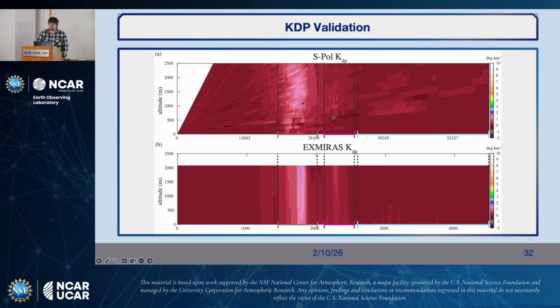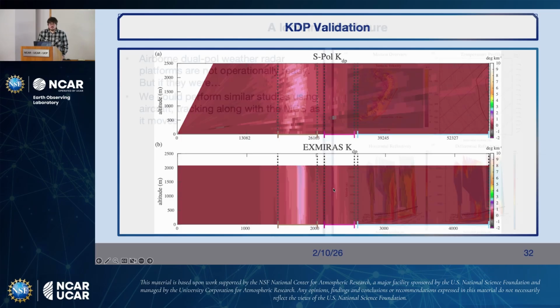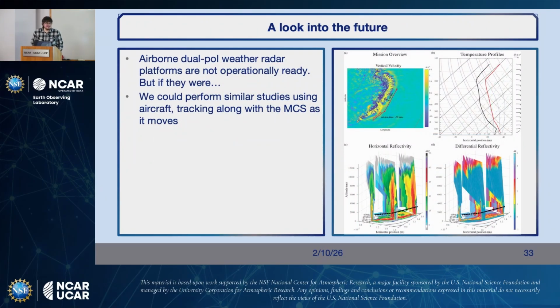We end up getting these same locations, around the same magnitude of the specific differential phase. This first peak is fairly well resolved, and the second one is also being resolved fairly well. So I hope that that's a good place to have the validation. At least things seem realistic.